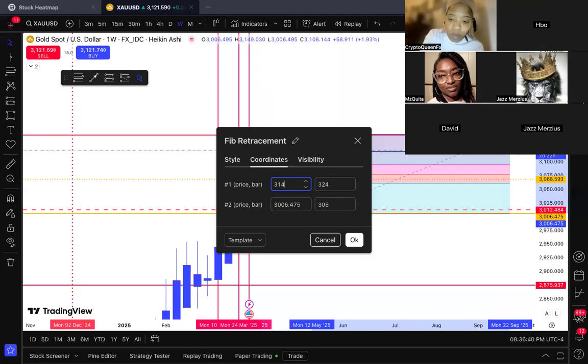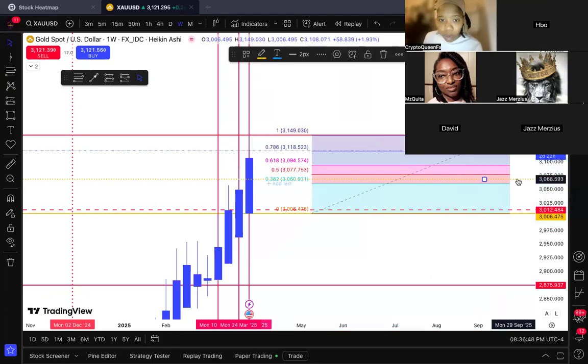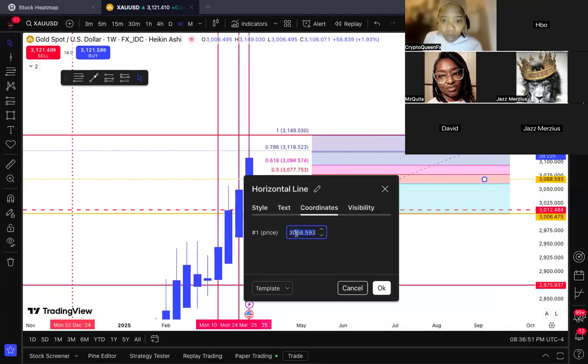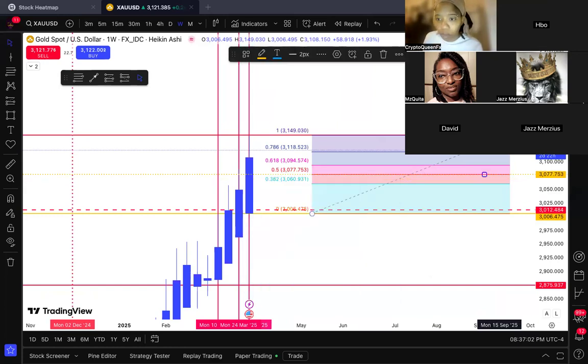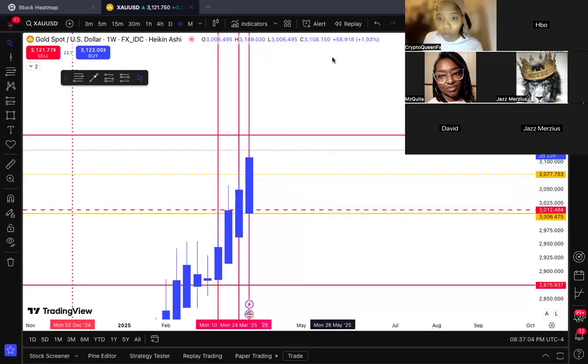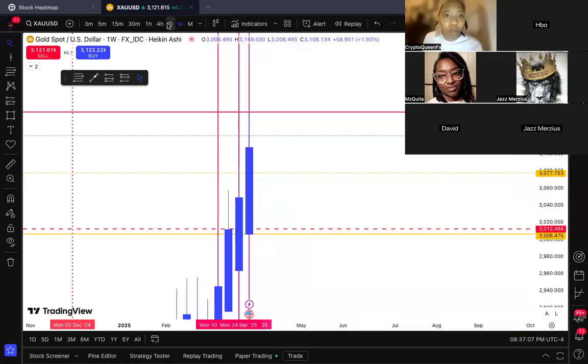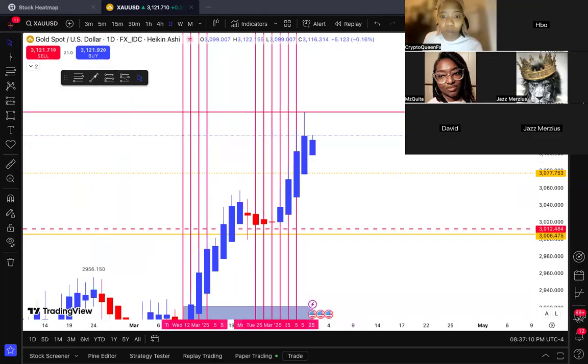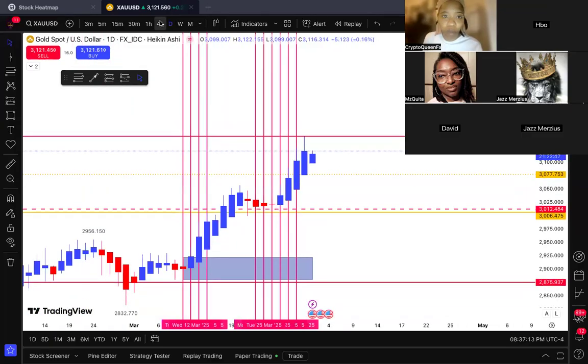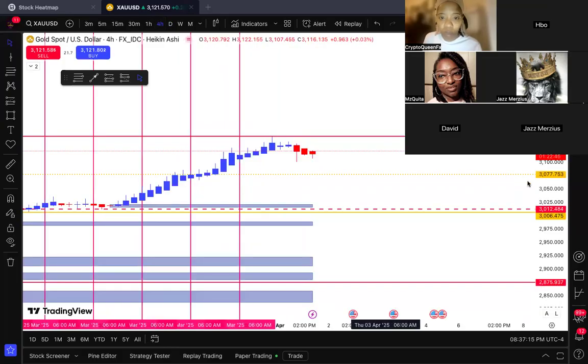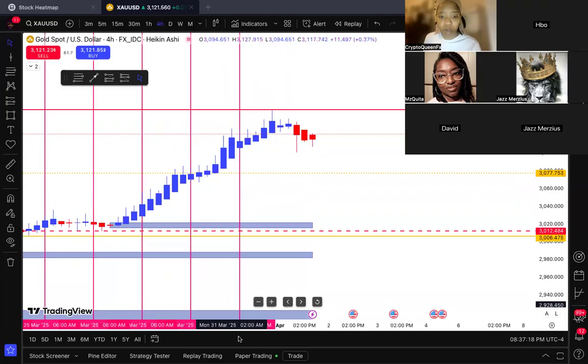149. And the mid is 0.773077.753. Down for entry.